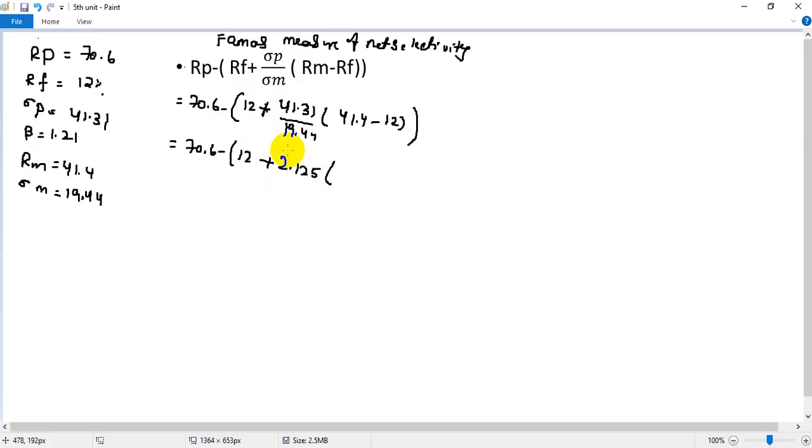And for 41.4 minus 12, you will get 29.4.